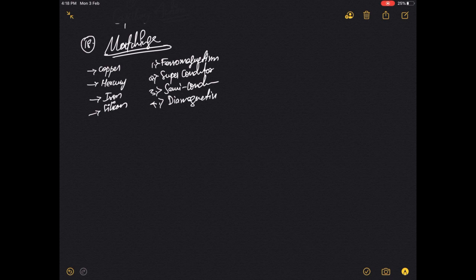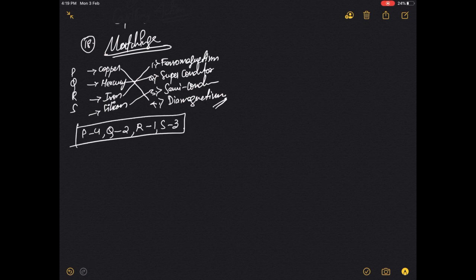So matchings are always straightforward, right? Especially in these years, you can see only straightforward matchings. So here, if you know, iron is a ferromagnetic material, mercury is a superconductor, silicon is a semiconductor, and copper is a diamagnetic material. So directly, if you take this as PQRS, you will get P4, Q2, R is 1, and S is 3. Pretty straightforward matching.